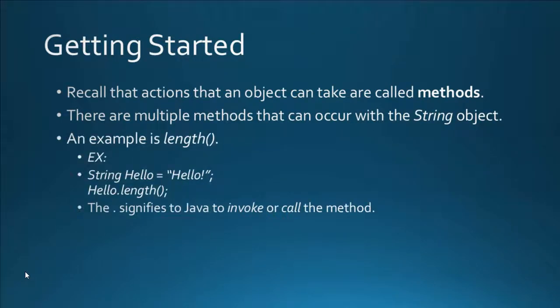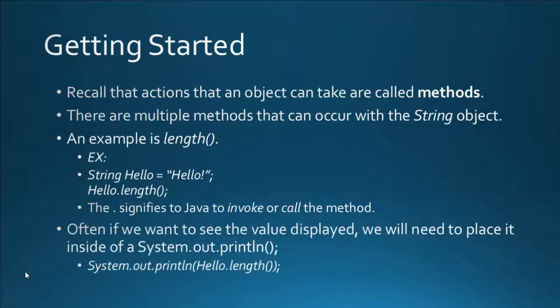An easy one to start us off is the length method. Here I have String hello equals "Hello!", and then I can just do hello.length. The dot is going to signal to Java to invoke or call the method. Often if we want to see the value displayed, we need to place it inside of a System.out.println.